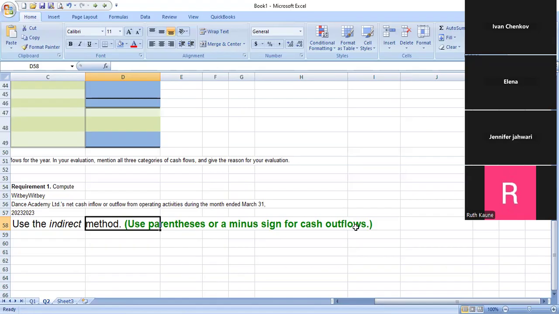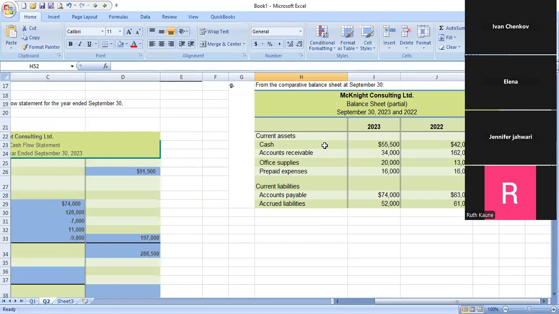So regardless of what you use, it's going to work. You can put brackets or you can put a minus sign, it's going to work. That's the confirmation of what we just talked about. Just watch the question. The question should explicitly communicate what you have to do.